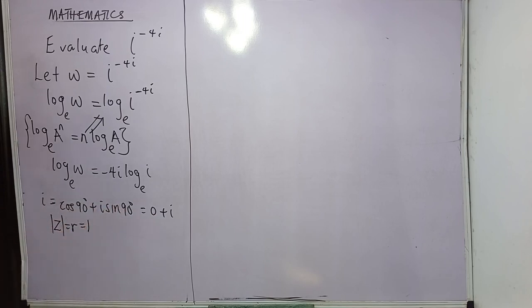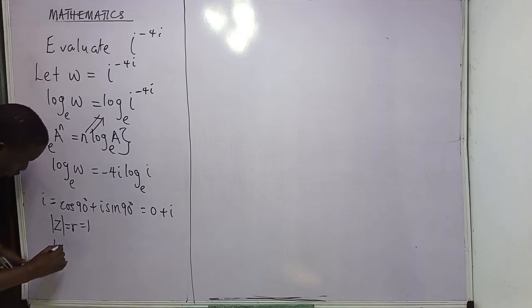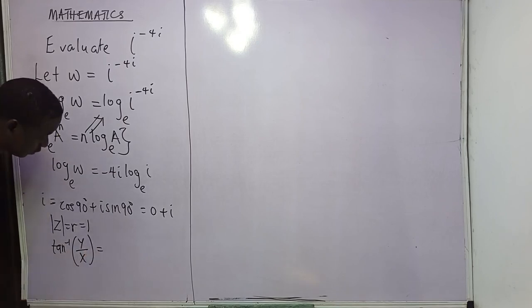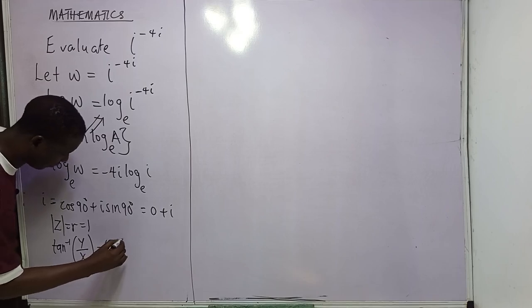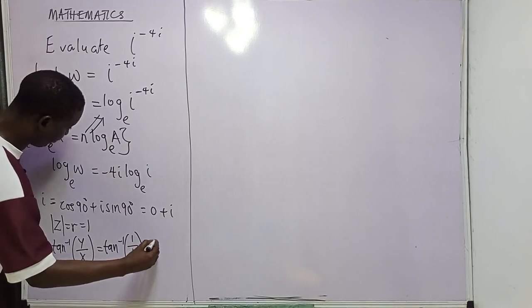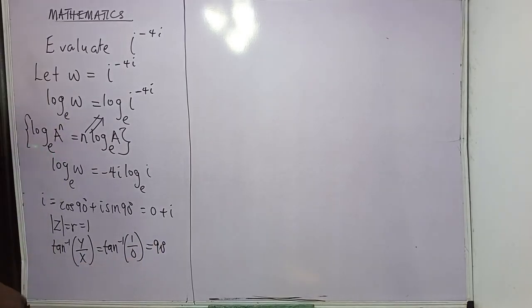So I want to use this formula: tan inverse of 1 over 0. At the end of the day, I want to have it as 90 degrees.